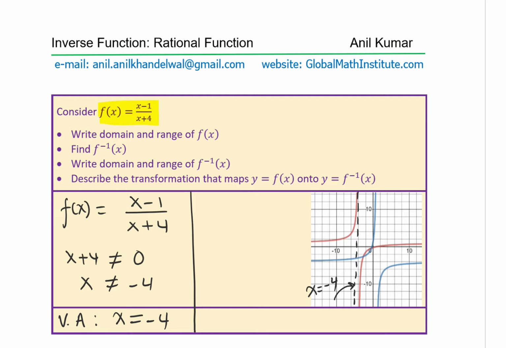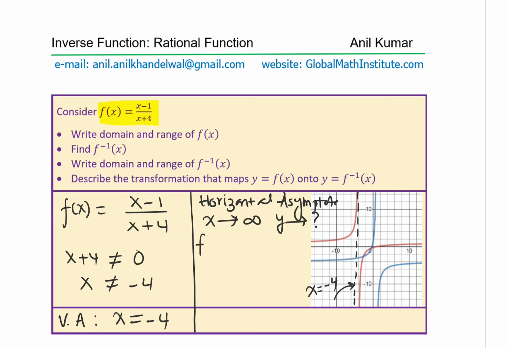Now, when you say about the range, what are we looking for? We are looking for horizontal asymptote, right? And how do you find horizontal asymptote? We have to say when x approaches large value of negative or positive infinity, what happens to y value? And that value gives you the horizontal asymptote. How do we figure this out?